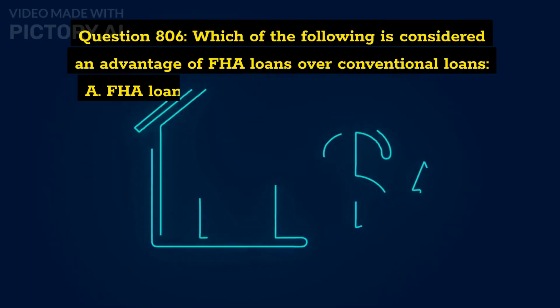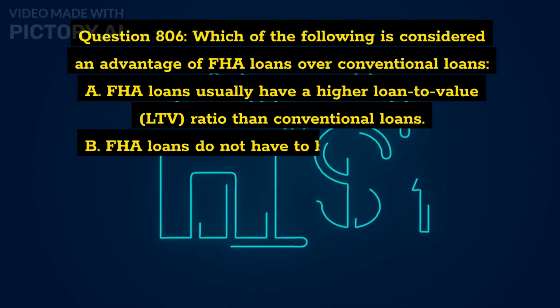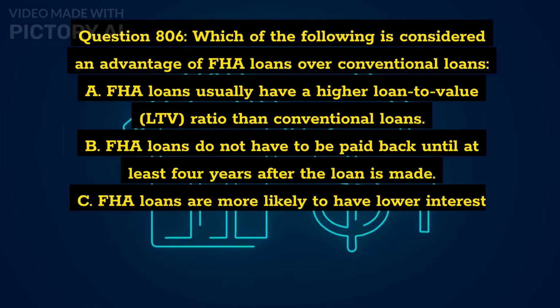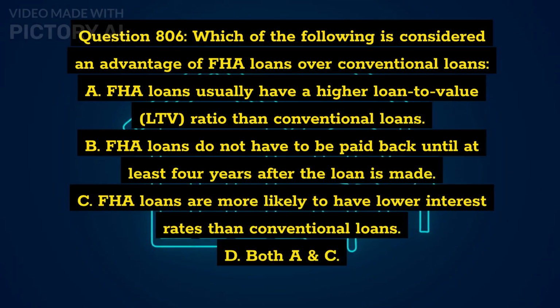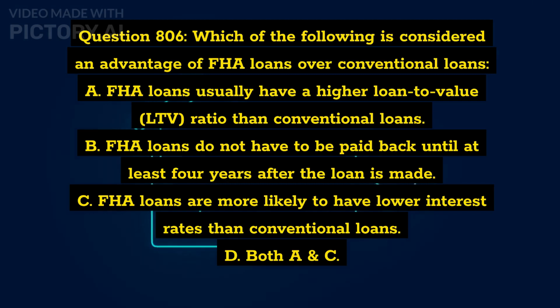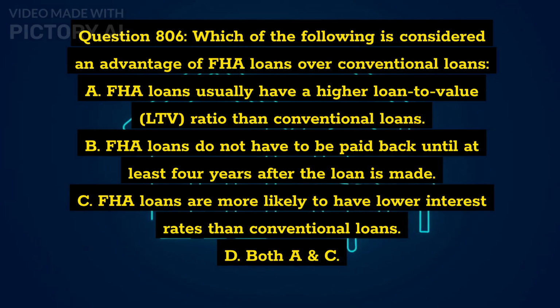Question 806. Which of the following is considered an advantage of FHA loans over conventional loans? A. FHA loans usually have a higher loan-to-value (LTV) ratio than conventional loans. B. FHA loans do not have to be paid back until at least 4 years after the loan is made.